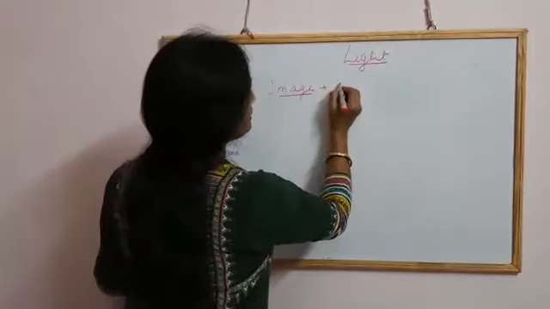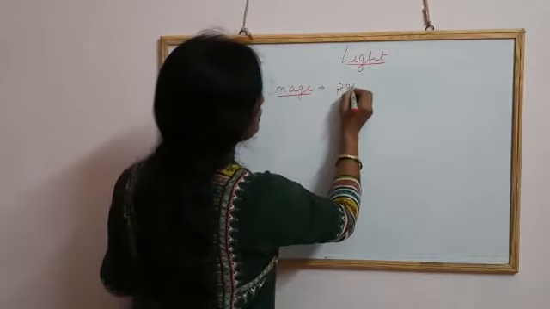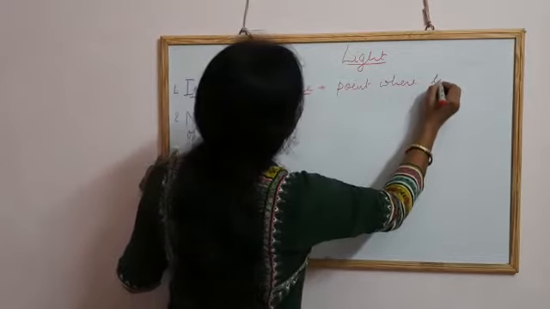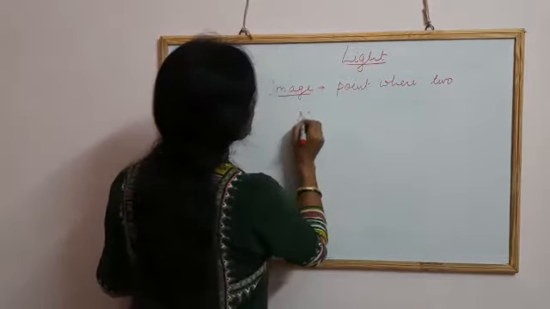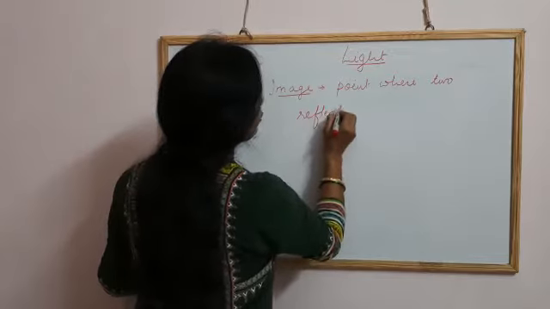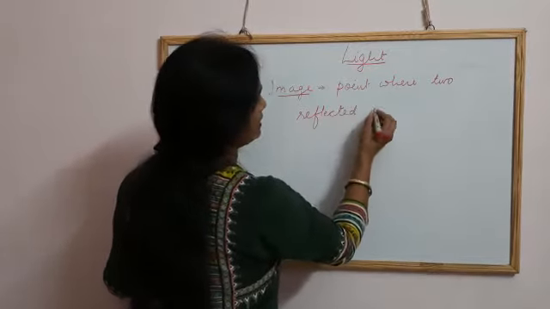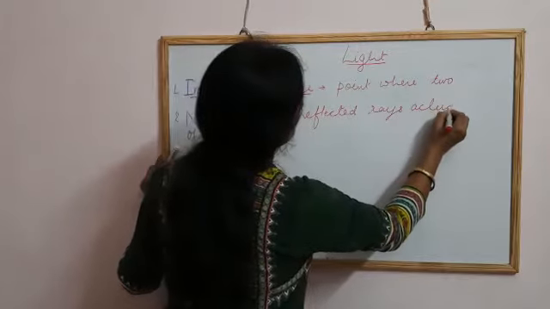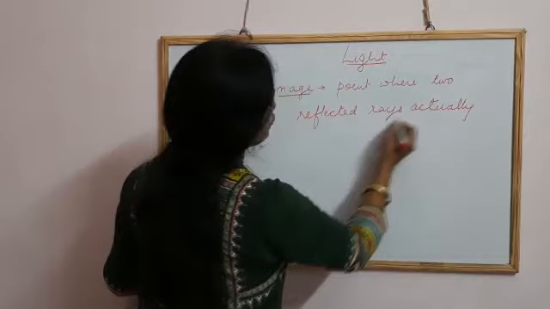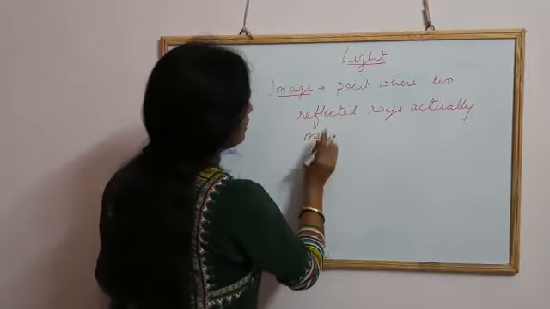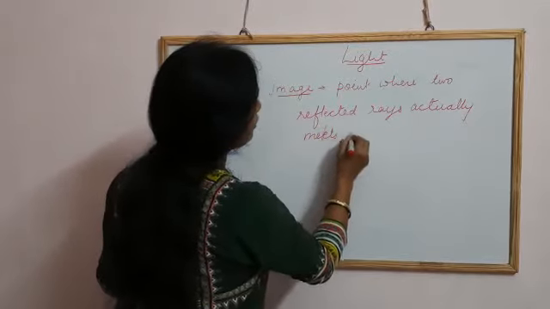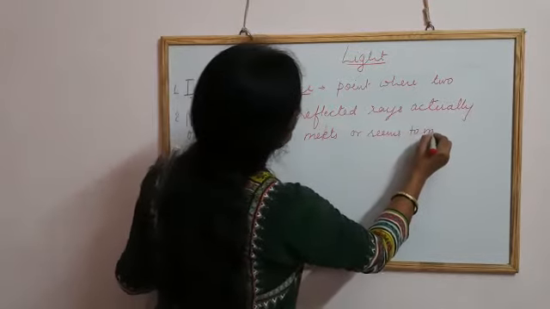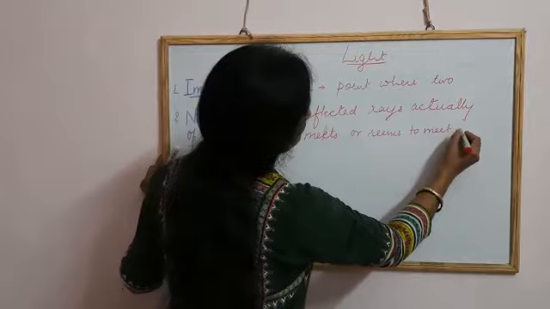Or simply, it is a point where two reflected rays actually meet, or seem to meet somewhere, okay?